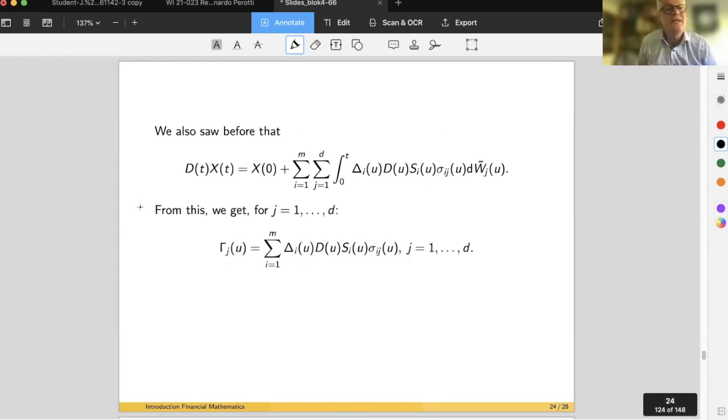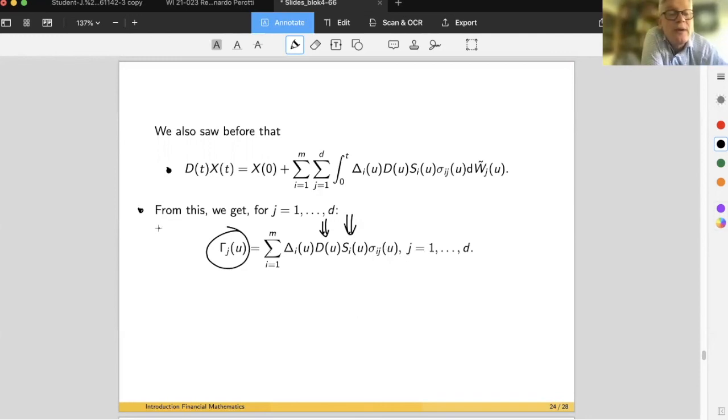So the martingale representation theorem tells us that for j running from 1 to d, there is a gamma_j, and the detailed evaluation tells us it looks as follows: it is the sum, i runs from 1 to m, of delta_i(u) times the discount factor at time u, times the ith stock price process at time u, times sigma_ij(u), with j running from 1 to d.